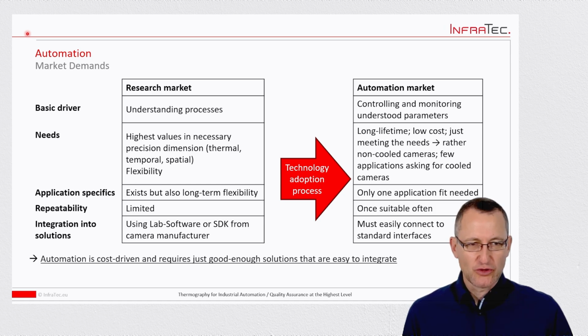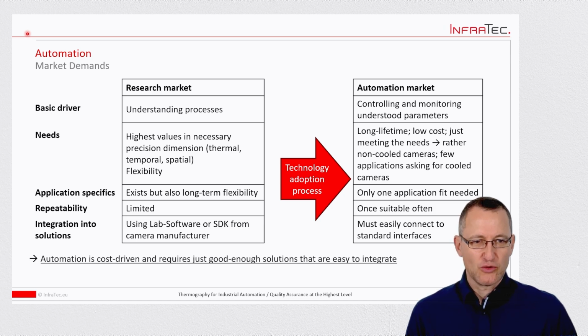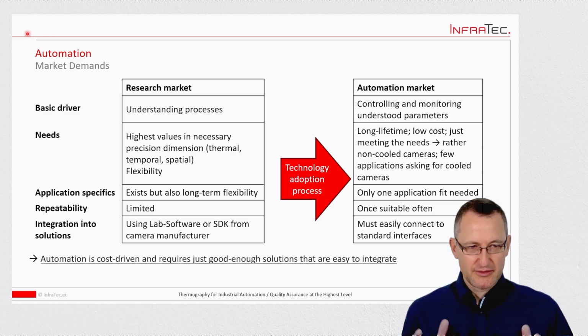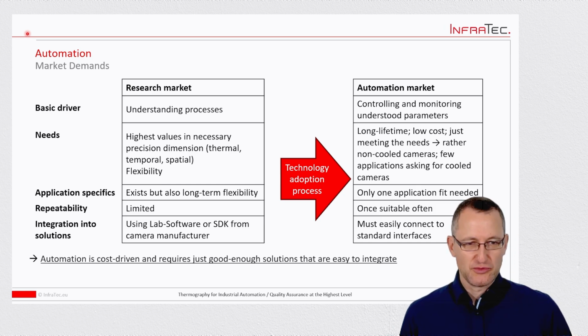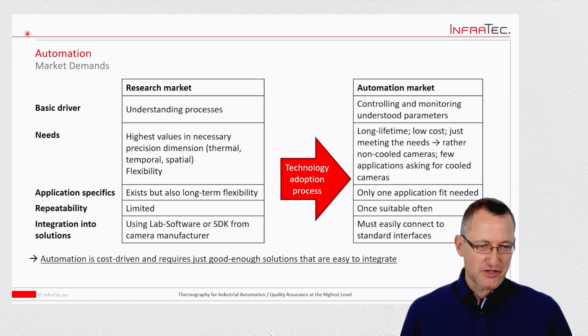It's rather non-cooled cameras, and only a few applications are asking for cooled cameras. In that field, it's enough to serve one specific application. But typically, it can then be duplicated. That is, if it works on one line, it's adapted to multiple lines for inspection and so on.